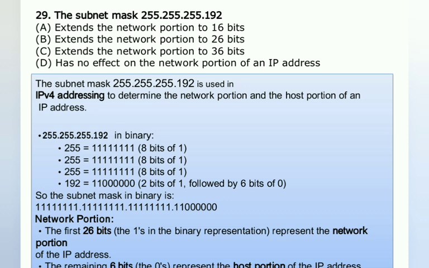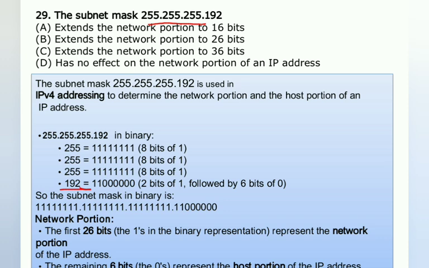Let us convert the given decimal values into binary values. In the first three positions we have a continuous 8 bits of 1, and in the last one, that is 192, we have 2 ones followed by 6 zeros.